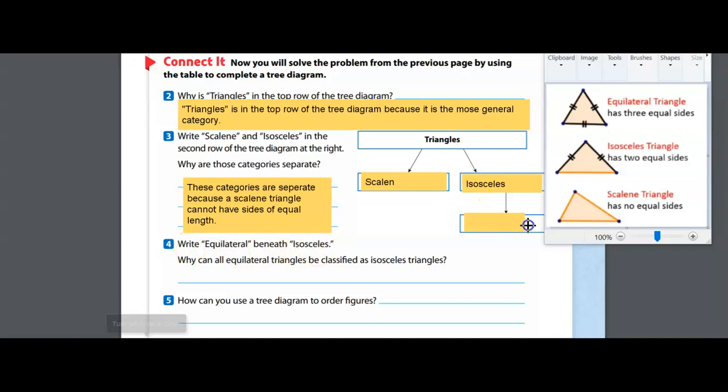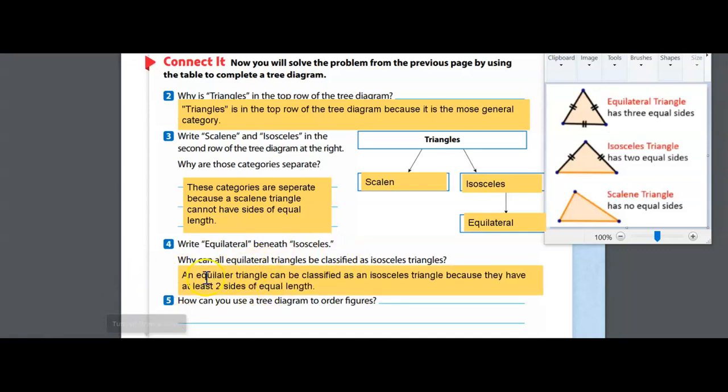So we're going to write equilateral right here. Why can all equilateral triangles be classified as isosceles triangles? So think to yourself, why is an equilateral underneath an isosceles triangle? Go ahead and write your answer in the space below.